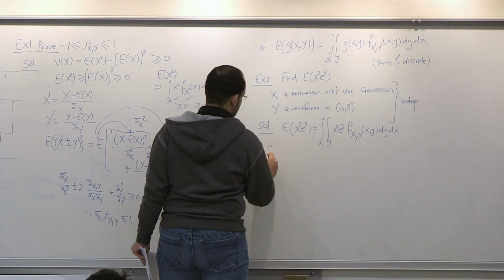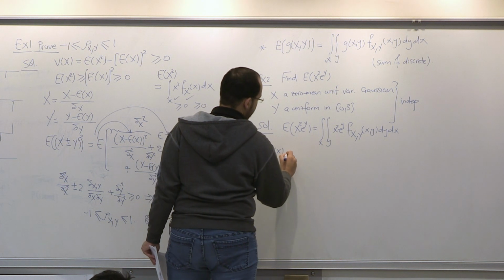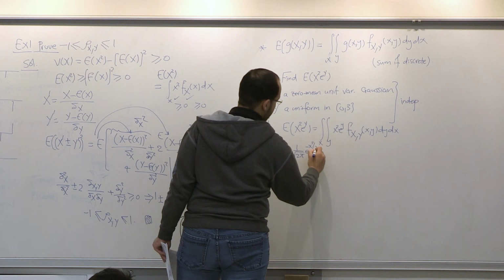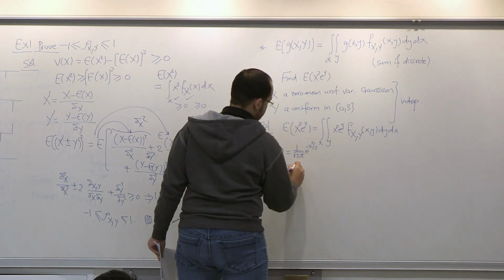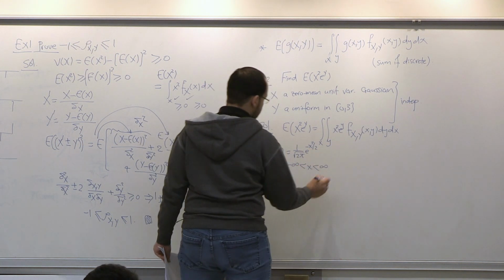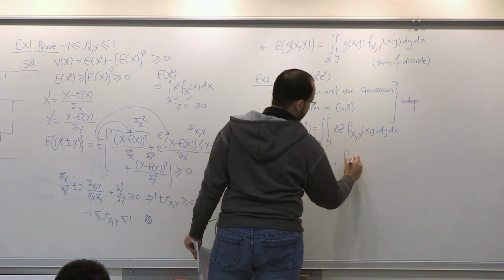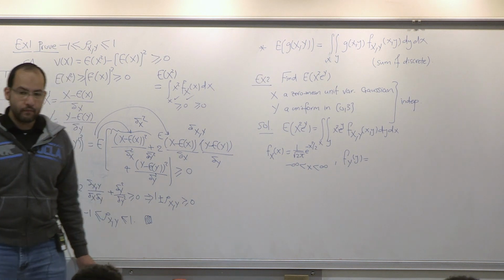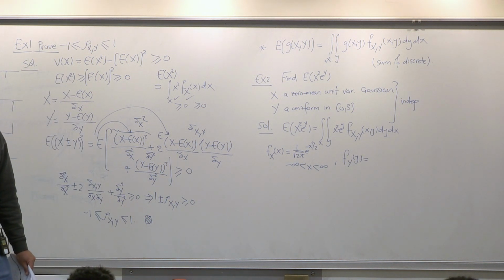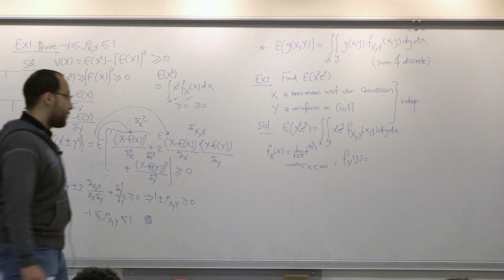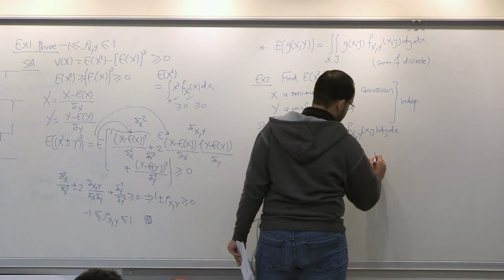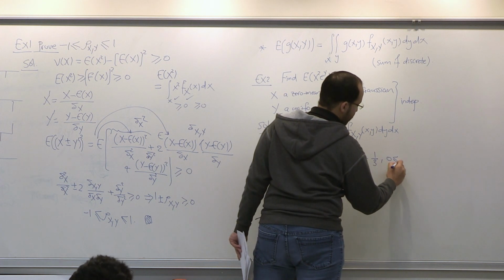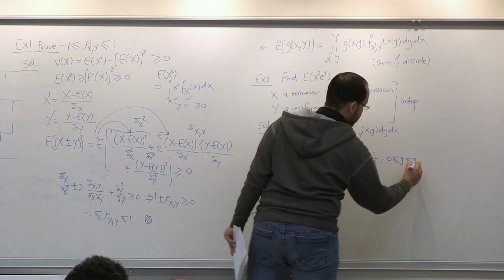All right, f_X(x), we already know it: 1 over square root of 2π e to the minus x squared over 2, with x from minus infinity to infinity. What is f_Y(y)? One over 3 in what range? In this range, right? The given range, 0 ≤ y ≤ 3.